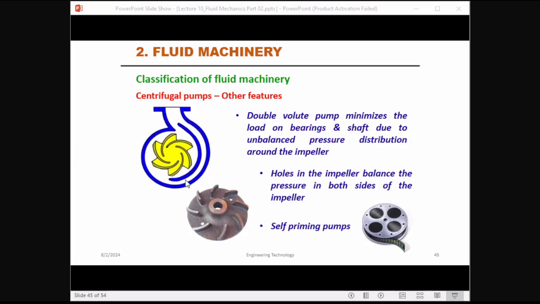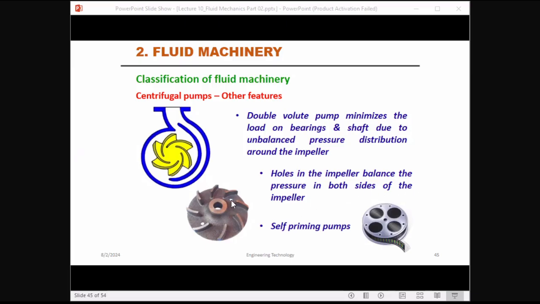And also, there is unbalanced pressure distribution around the impeller, so impeller pressure balancing is also a very important thing. Here you can see holes in the impeller that balance the pressure on both sides of the impeller.